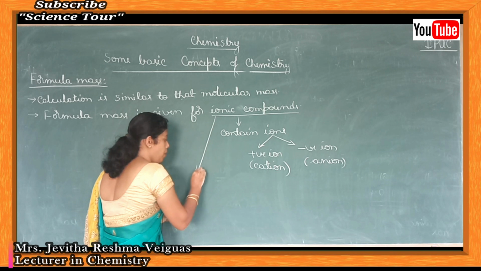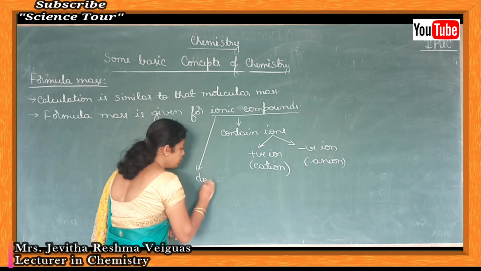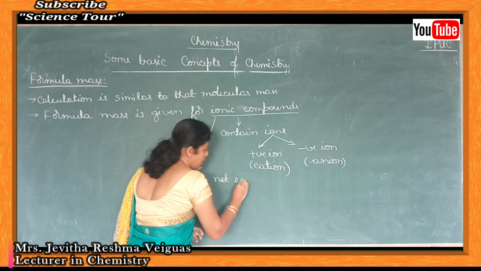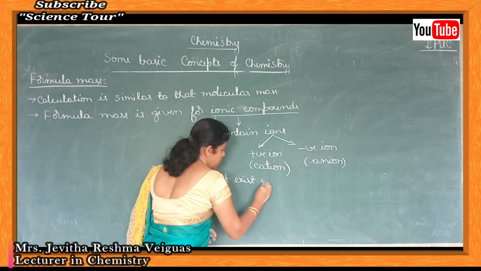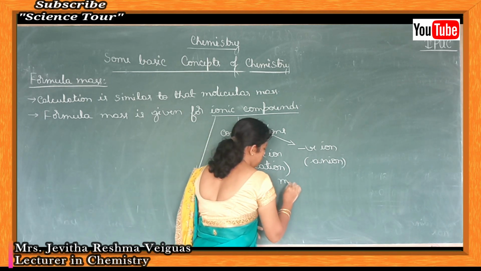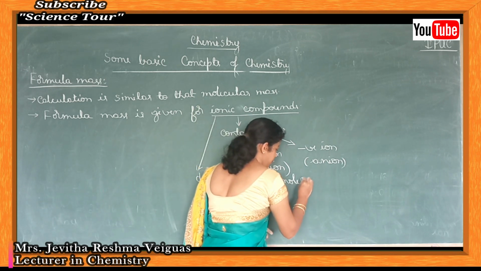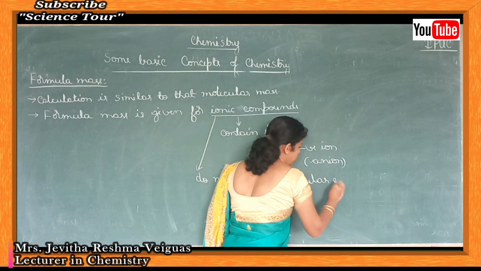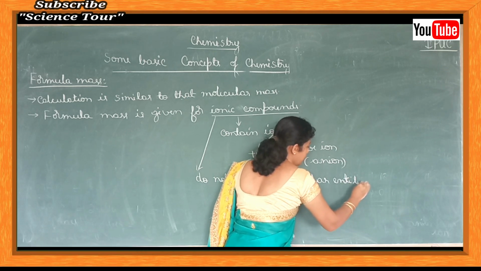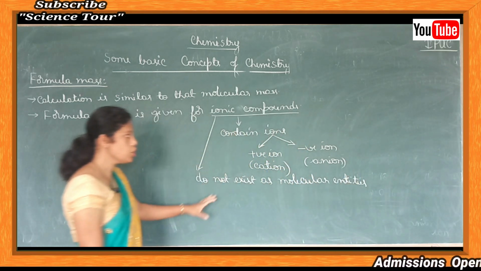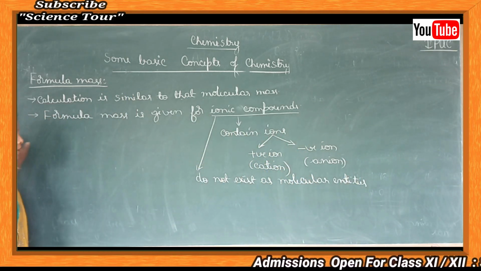These ionic compounds do not exist as molecules, as molecular entities. They contain ions in them. For such a species, formula mass is given.